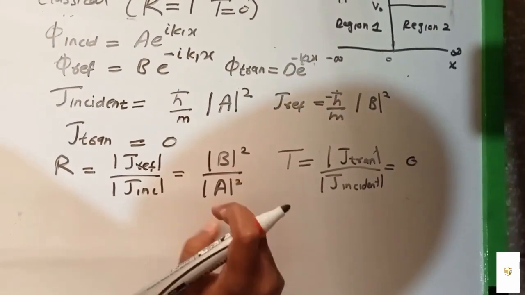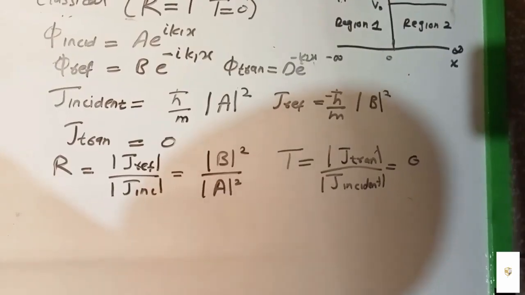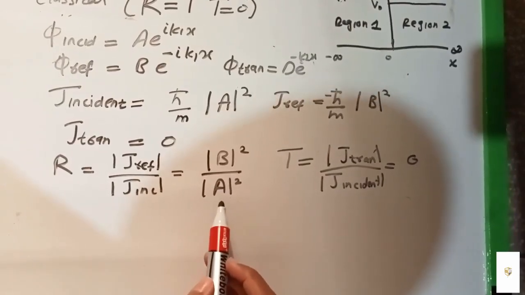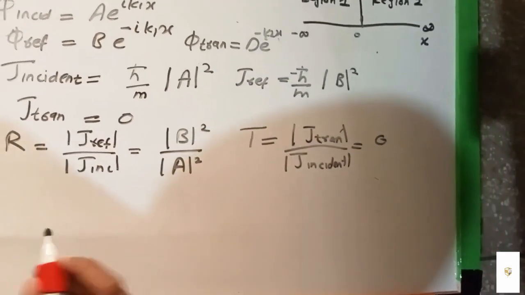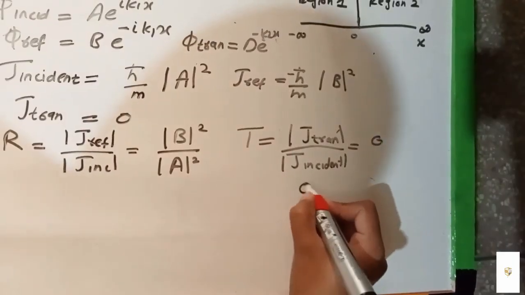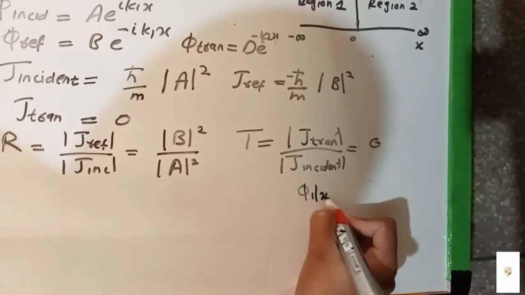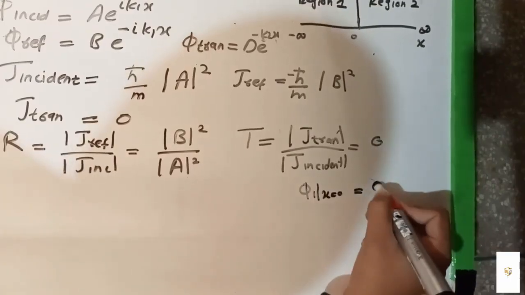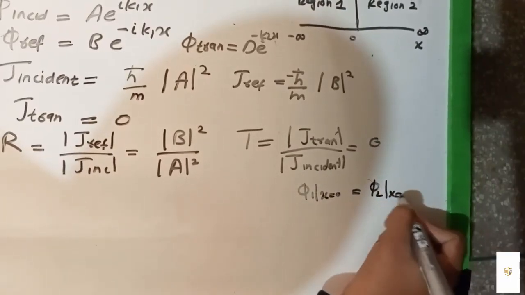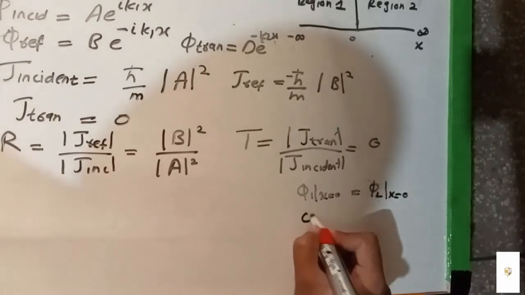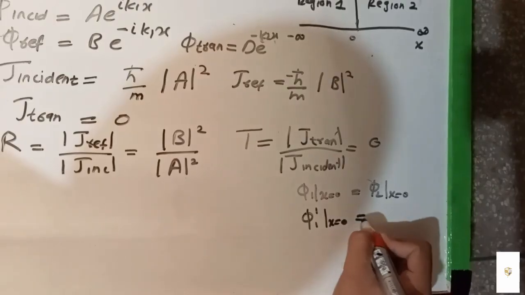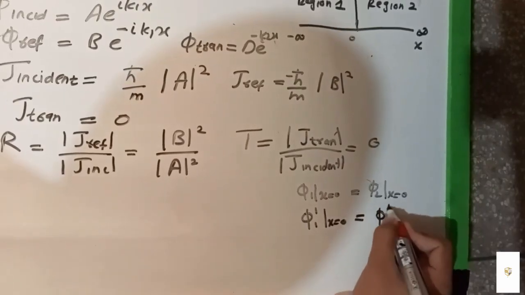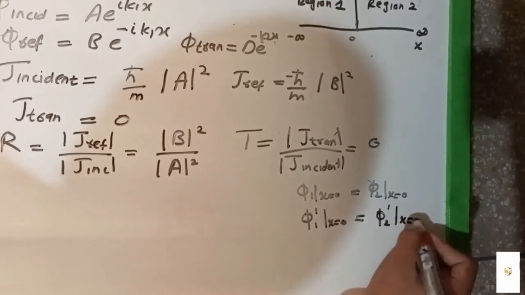Now we will find the values of A and B. To find the values of A and B, we use the boundary conditions, which are phi 1 at x equal to 0 is equal to phi 2 at x equal to 0, and derivative of phi 1 at x equal to 0 is equal to derivative of phi 2 at x equal to 0.